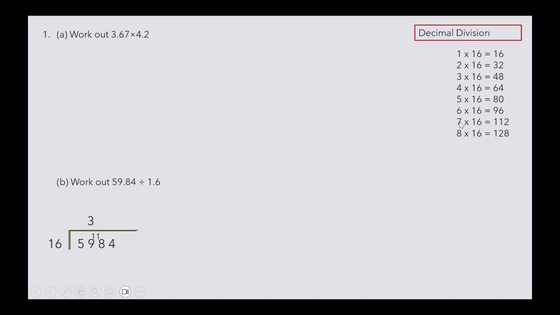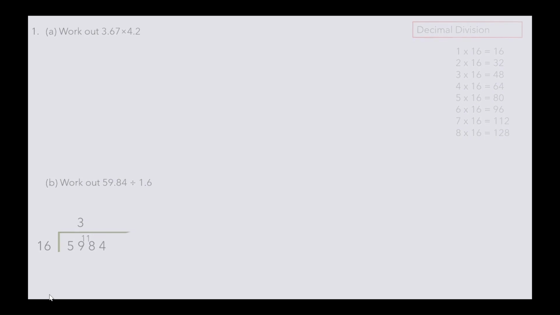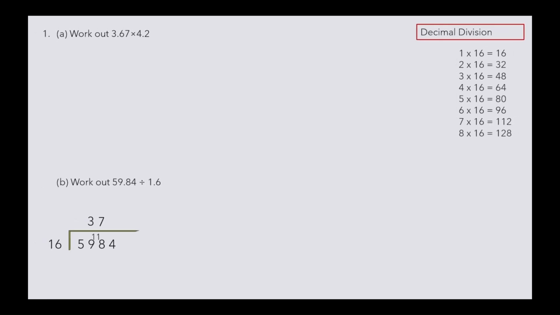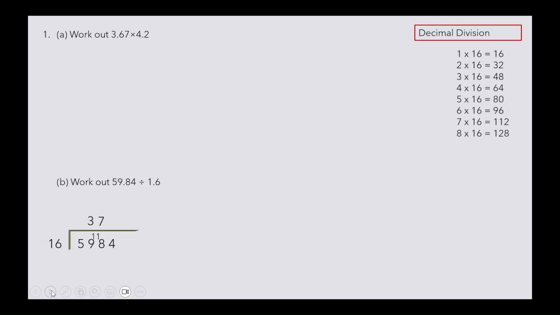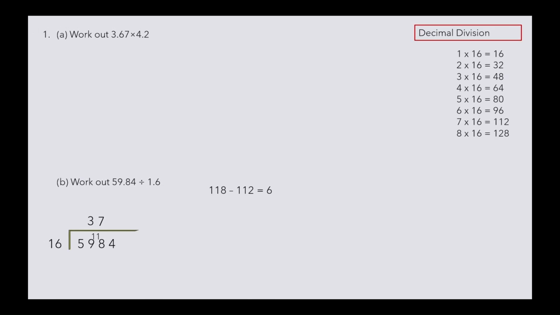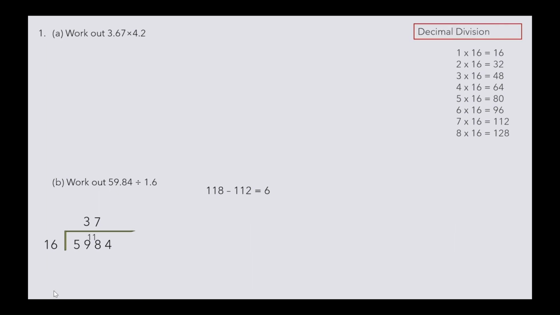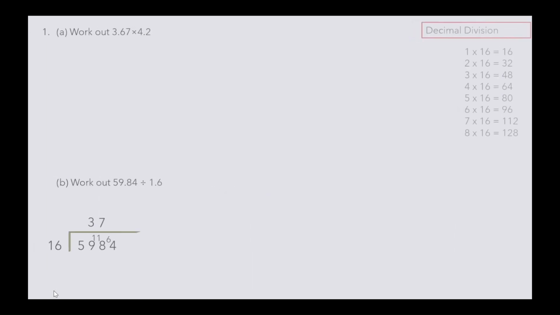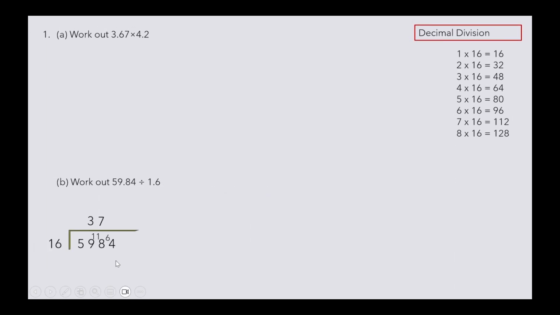So we write 7. But as we can see, there is a remainder, so we do 118 minus 112, which is 6. So we write the 6. And now we have 64. And as you can see, 64 is 4 times 16. So we would just write 4 here.